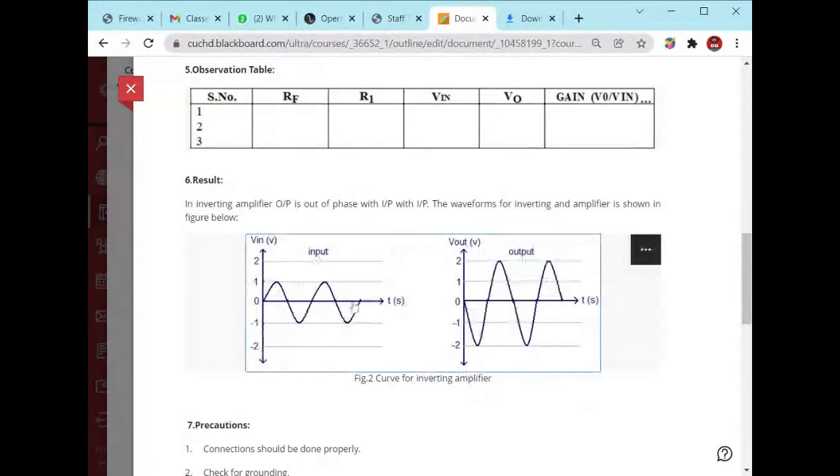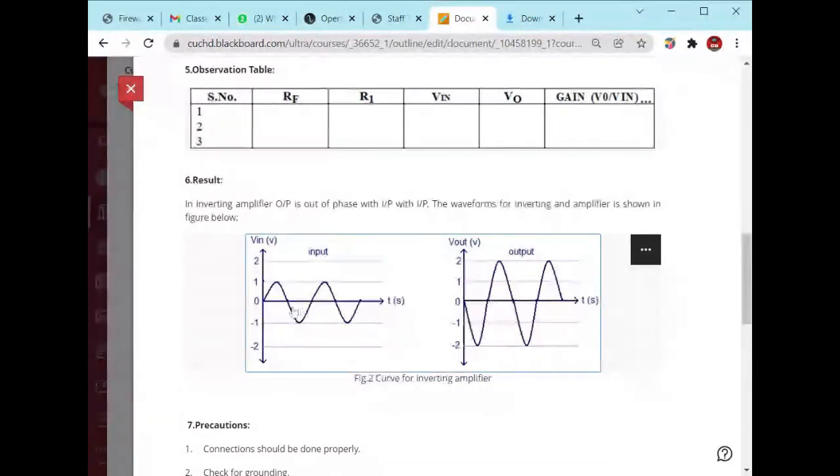You can see this graph shown right here. This is the input. Its amplitude is 1 volt, and the complete waveform is present right here. In the output, when the input shows 1 at the first position, you can see 0 at the first position.